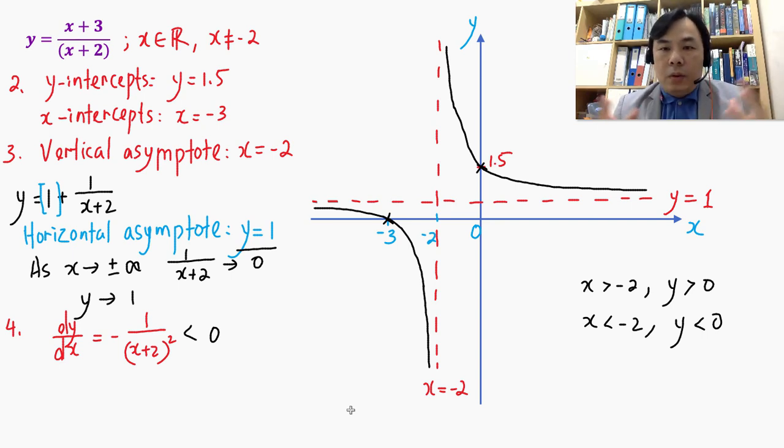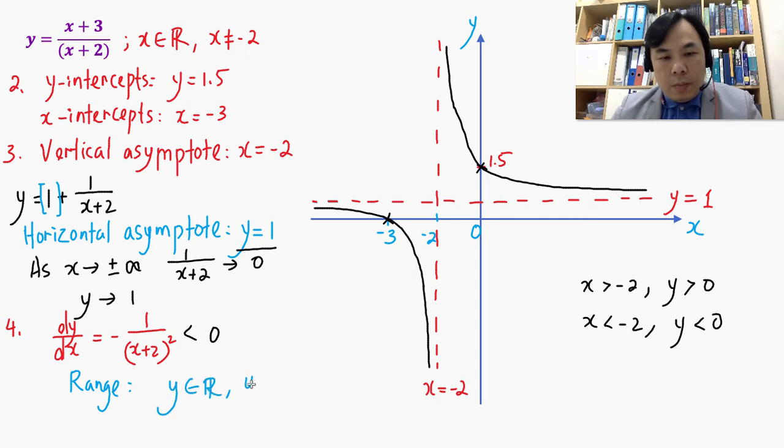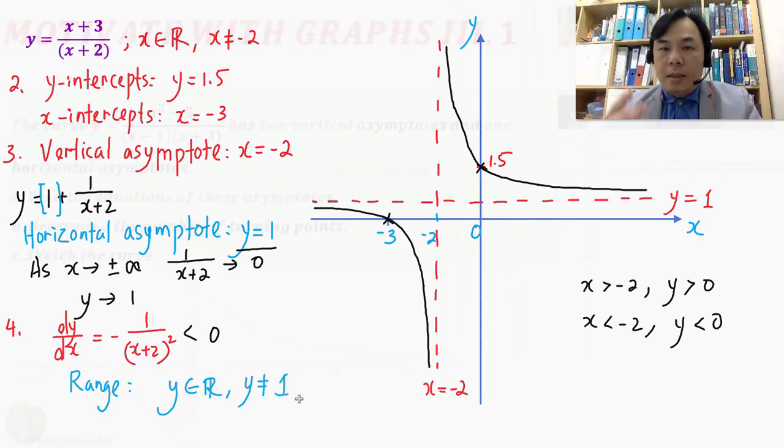And then for the range itself, I think you will be able to figure that out. It is all real numbers except y equals 1. So I just write it down for reference. Range: y are all real numbers except 1. Stay tuned for the last example.